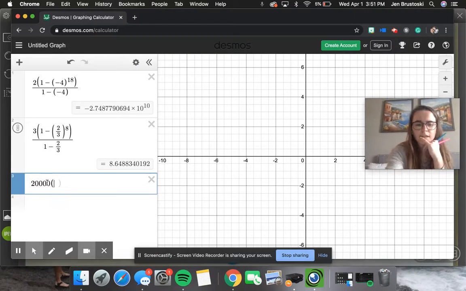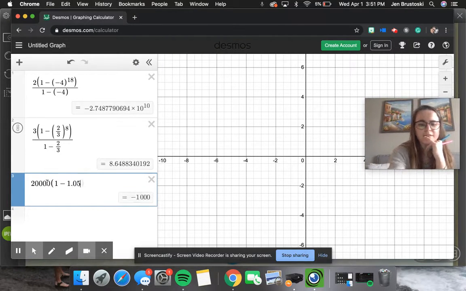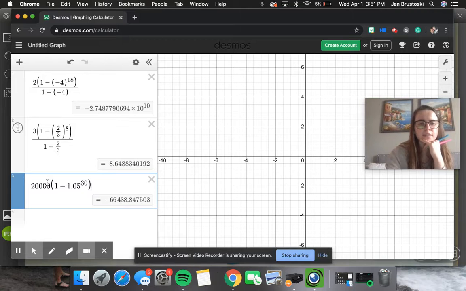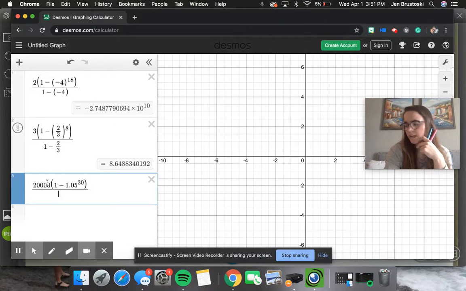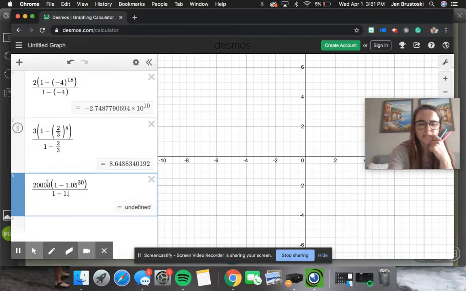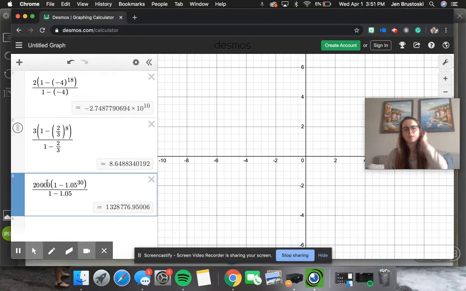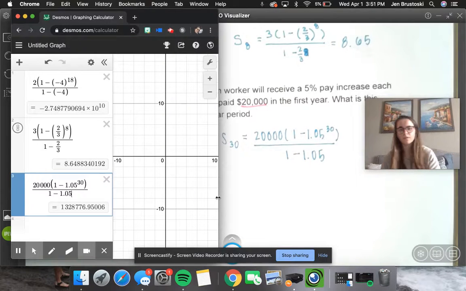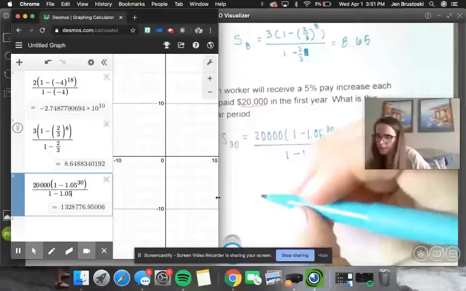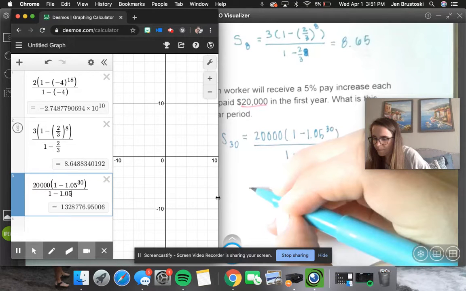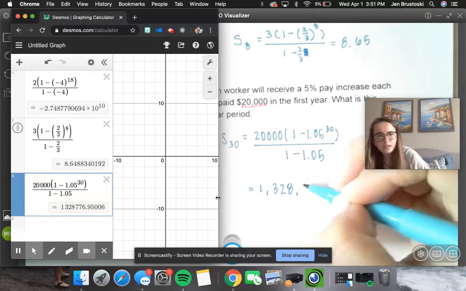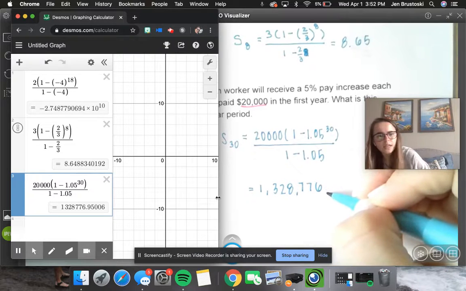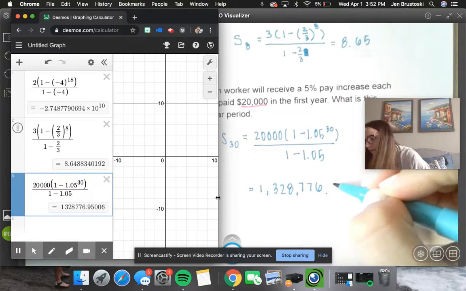So 20,000 times 1 minus 1.05 to the 30th. We don't have to have that 1.05 in parentheses because it's not negative. And then we divide by 1 minus 1.05. You could simplify that before if you'd like to. But what you end up with is, beautiful, $1,328,776.95.